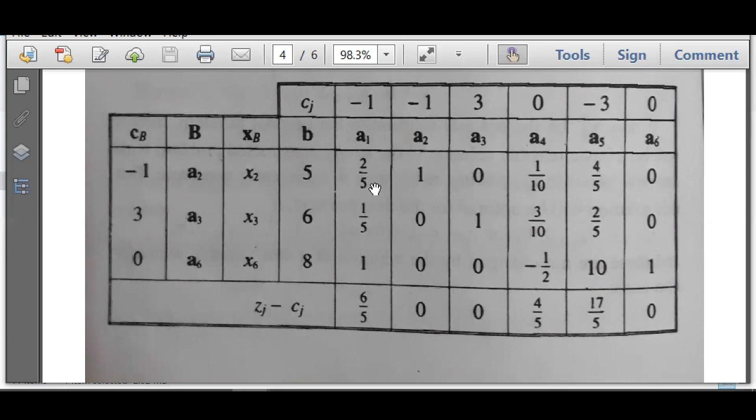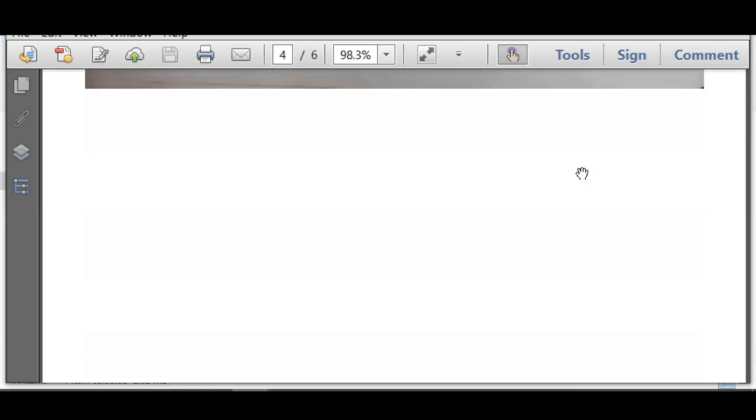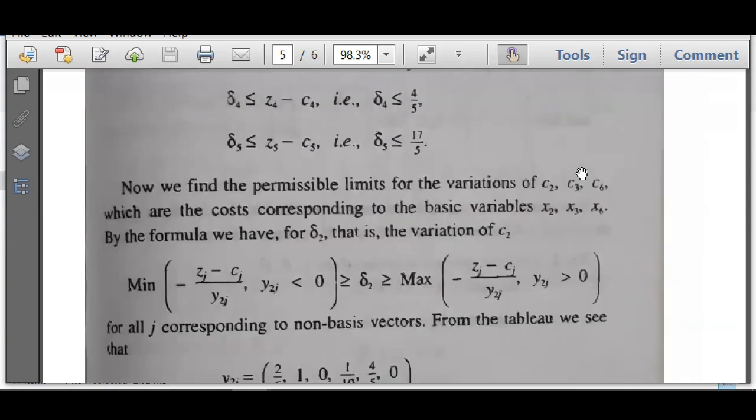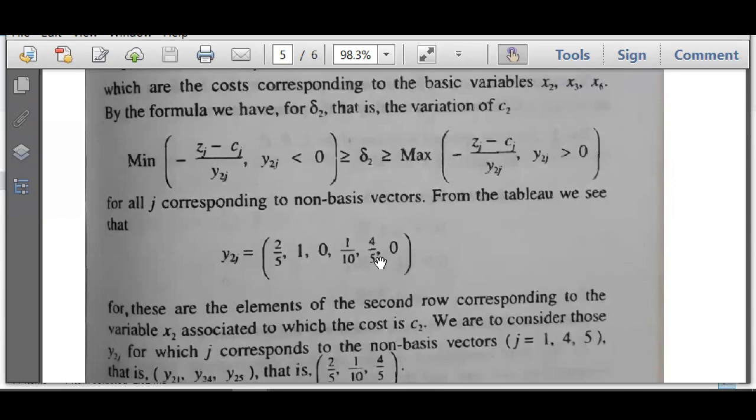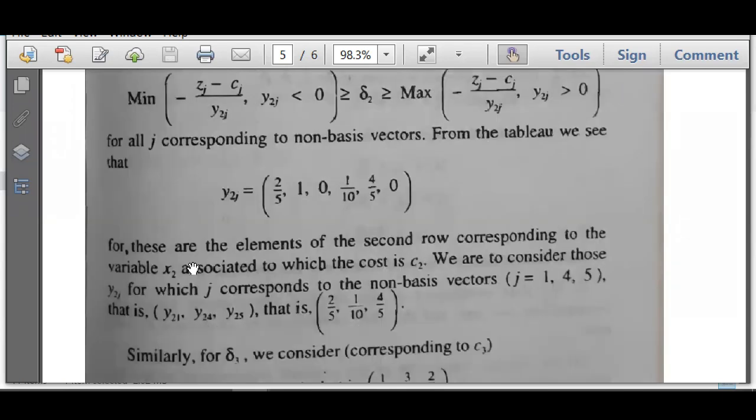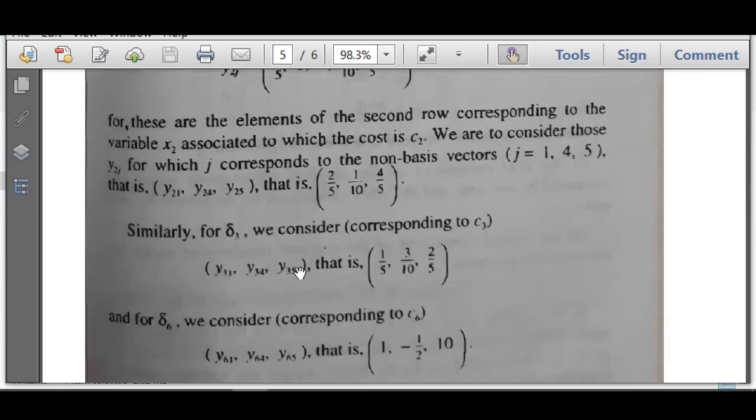So y21, y24 and y25, all of them are positive, no negative value here. Now we are to consider those y2j for which j corresponds to the non-basic part, that means j equal to 1, 4, 5, that is y21, y24, y25. So this is completed for the c2 part.